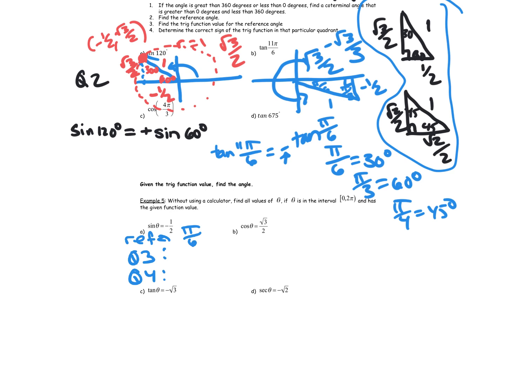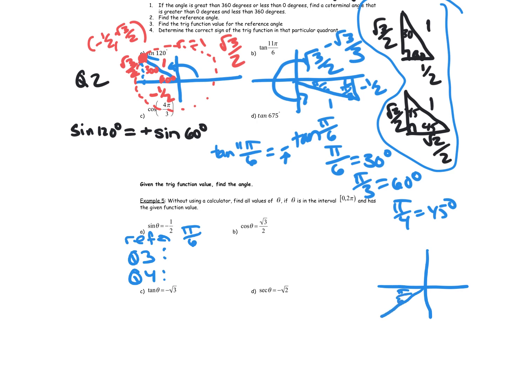Okay, so what is the quadrant 3 angle then? As I told you before, I like radians. I think they're easier and it takes some getting used to. But if I think of a quadrant 3 angle, I need the reference angle to be pi over 6.